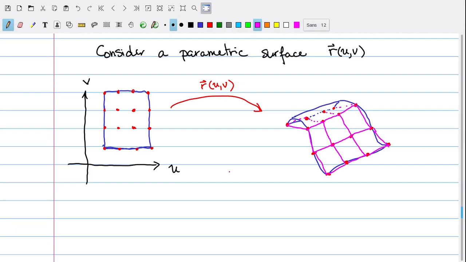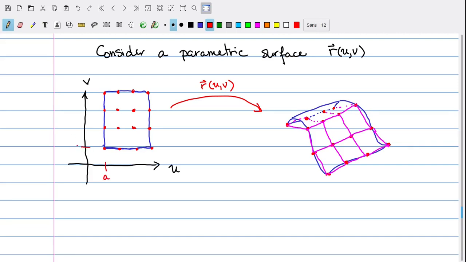That means that the surface area of that purple quilt will be very close to the actual surface area of my blue surface. And the nice thing about the purple is I know how to calculate that surface area. I can calculate individually the surface area of each of those patches of my quilt, and if I just sum them all together, I get the surface area of the whole thing. And we can parameterize that.